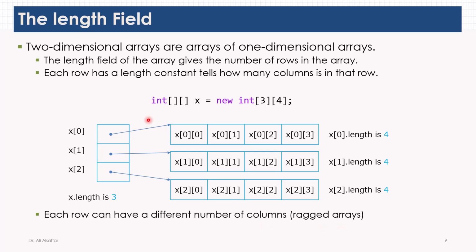Now, if you define a two-dimensional array similar to our example here, each of these index variables is pointing to a one-dimensional array of the same size. So it doesn't matter if you use dot length on the first, second, or third index variable, all of them will give you the same number of columns. However, if we have a ragged array, then dot length on each index variable of the first array will give you different answers.